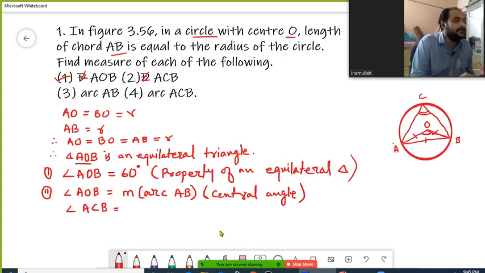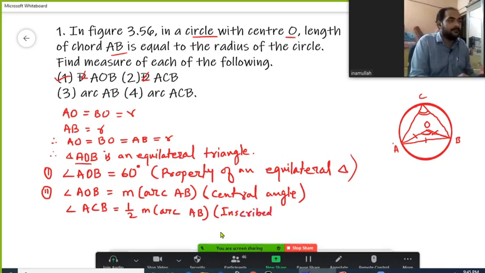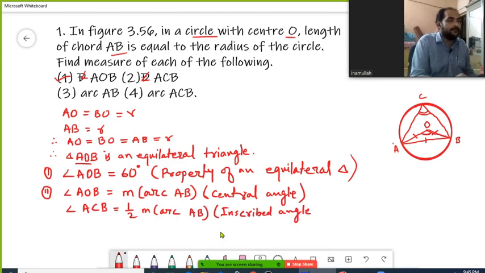If angle AOB is the same as major arc AB, then further I can say, we need angle ACB actually. So ACB is half of major arc AB. Reason: inscribed angle theorem. So this angle ACB is half of major arc AB, and major arc AB is actually the same as angle AOB, and AOB is 60.